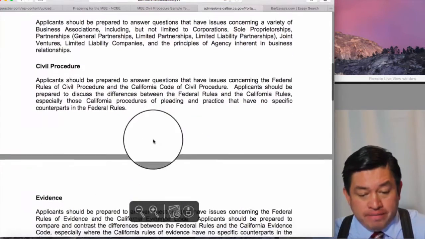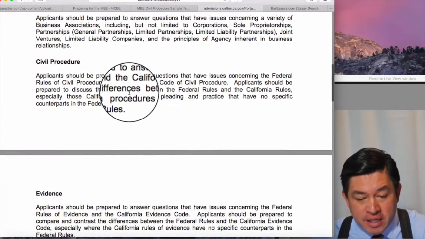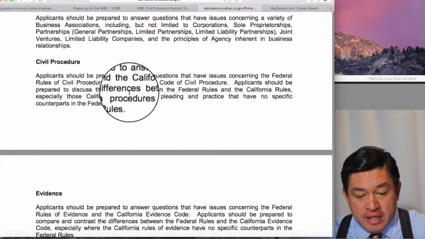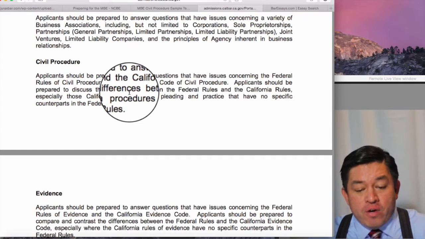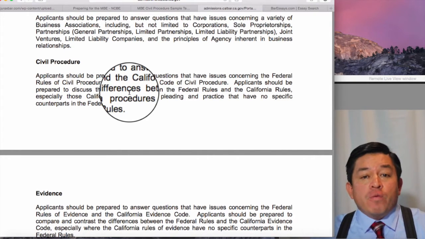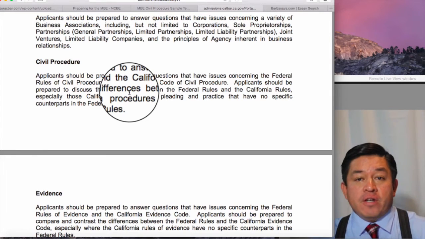And let's look for civil procedure. And it says, be prepared to discuss the differences between the federal rules and the California rules, especially where California procedures have no specific counterparts in the federal rules. So we're looking for the differences here.